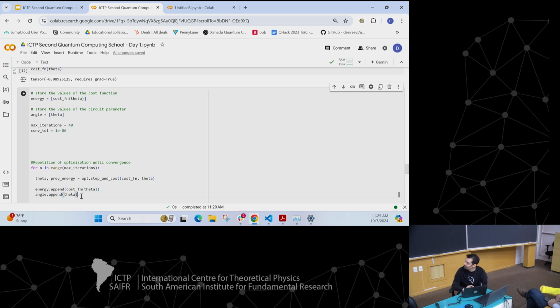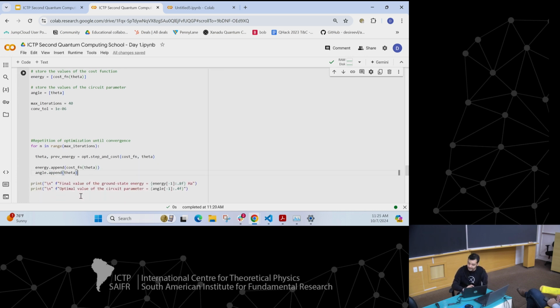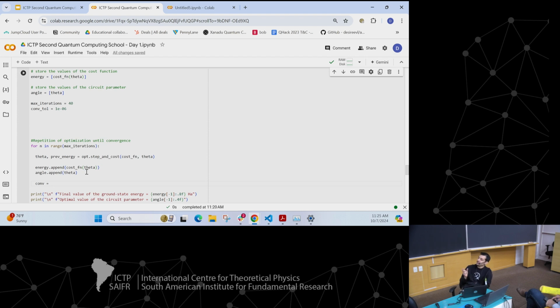And it's a good diagnostic to make sure that you've done things correctly. We're going to compute the change in energy between before you did the optimization and after you did the optimization. If that change is below our tolerance value, we know that we can stop the computation.